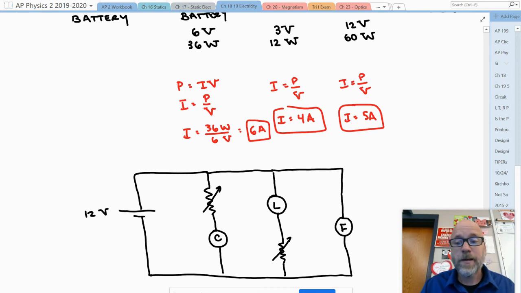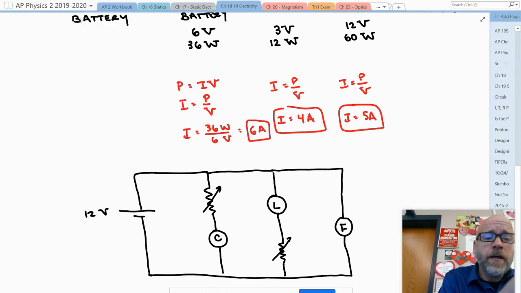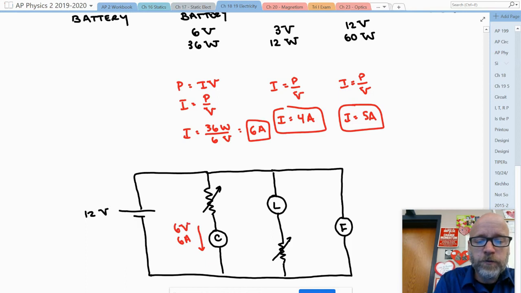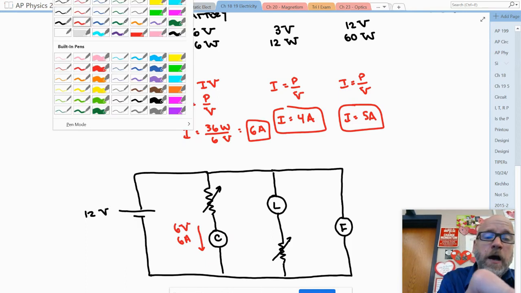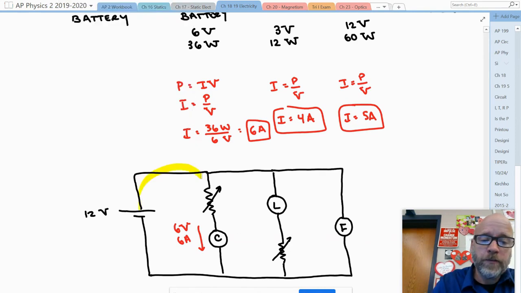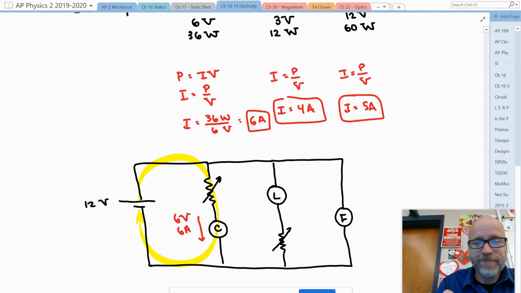Okay. Now, I already calculated that the computer needs 6 amps to flow through it, and it has a 6-volt drop. In that loop, I need to have a total of 12 volts. I know some of you already see the numbers and how it's going to play out. That's awesome.